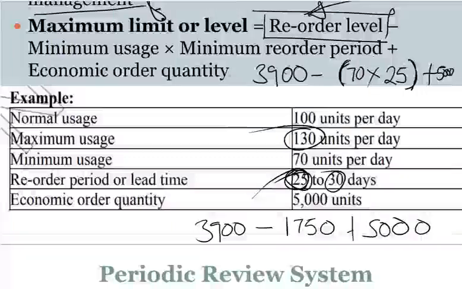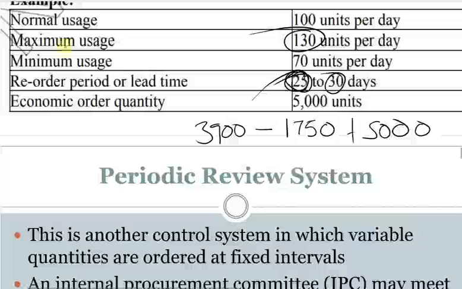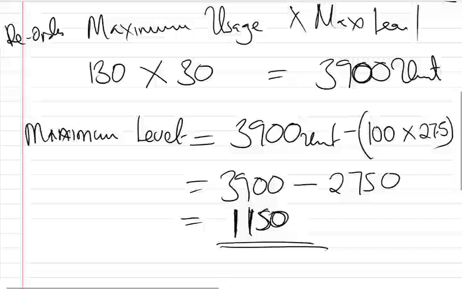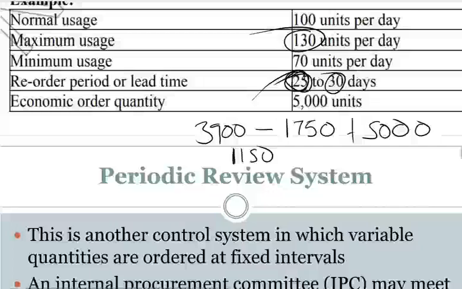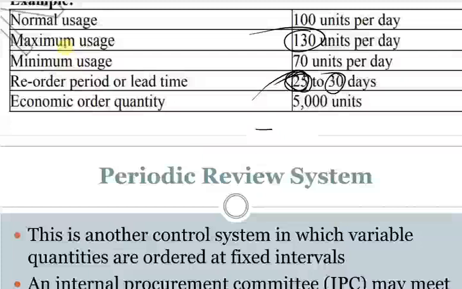Right? So if we subtract here, we should find... let me use my calculator. 3,900 minus 1,750 plus 5,000, the answer I'm getting is 7,150.